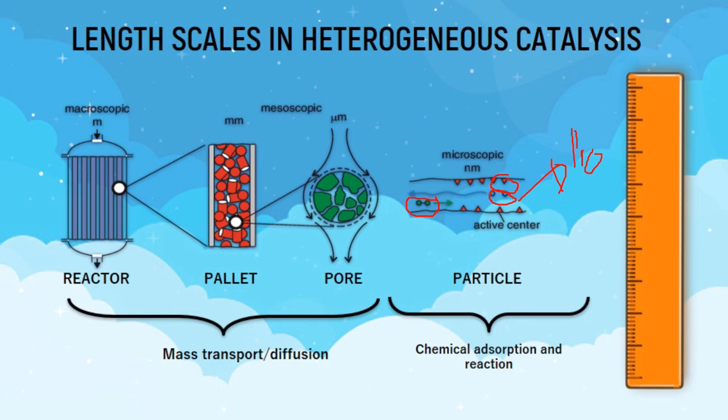So first, the reactant or the starting material will bind with the active site, and then the reaction occurs. After that, it will produce product, and the product will dissociate from the active center.